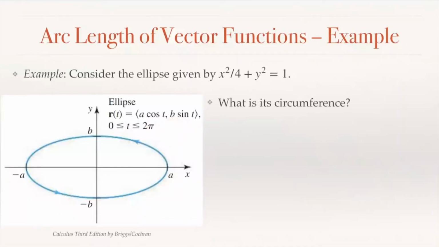And we can generalize this to other shapes. So for example, an ellipse. We know that the formula for an ellipse looks like this. Notice that this is of the form x squared over 2 squared plus y squared over 1 squared is 1. So with the color code, this corresponds to the x-axis being 2 and the y-axis being 1.